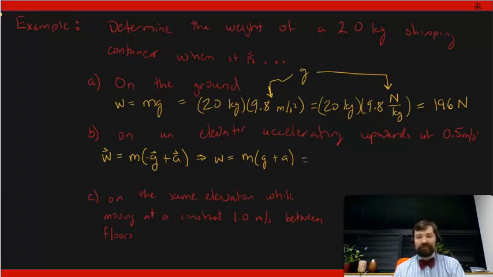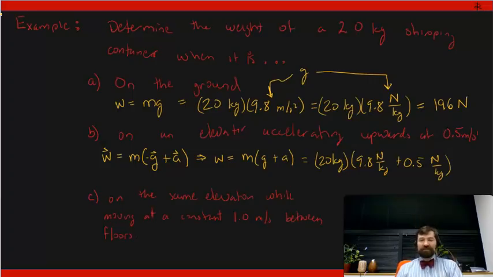And so now what we have is 20 kilograms times 9.8 newtons per kilogram plus 0.5 newtons per kilogram. This comes out to 200.9 newtons. Again, if we're rounding, this is maybe 201 newtons if we're keeping three significant figures.